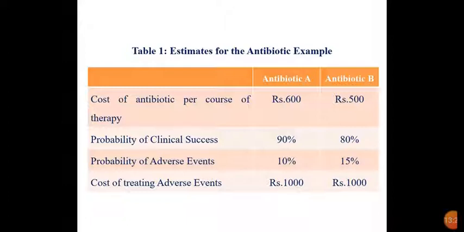But because antibiotic A is a better clinical option, with a higher probability of success and lower probability of adverse events, decision makers could use either the incremental cost effectiveness ratio, that is ICER, or the incremental net benefit calculations to determine whether to add antibiotic A to the formulary.